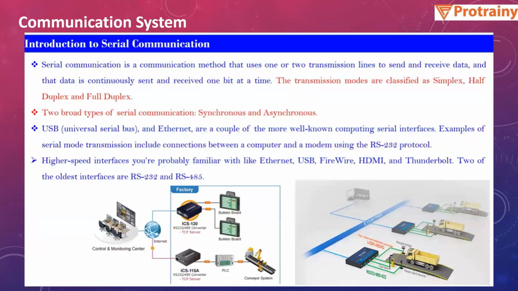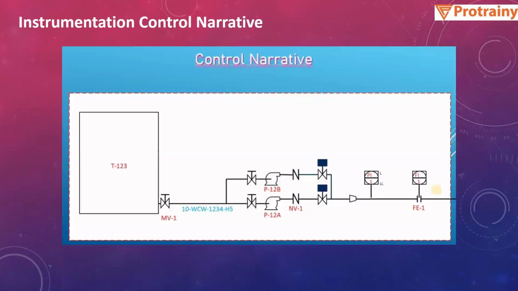Then serial communication system. So it is used to transmit data and receive data. Then we have control narrative. So it shows you what is the architecture of basically the control, how we are controlling the system.